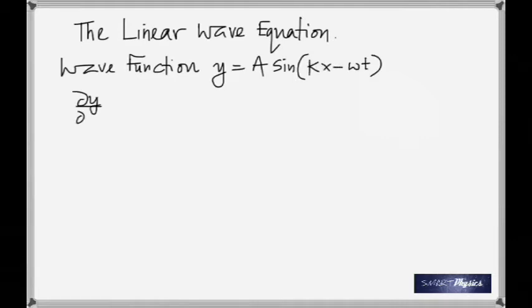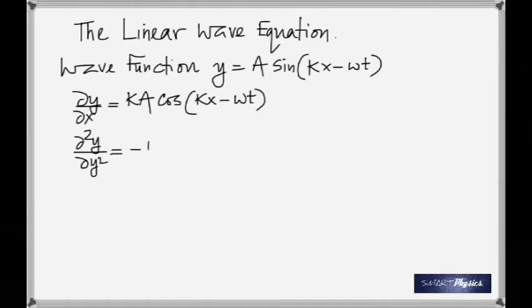It could be A cos (kx minus omega t), it doesn't matter. When you take the first derivative with respect to x, holding time constant, you get kA cos (kx minus omega t). The second time you get minus k squared A sine (kx minus omega t).